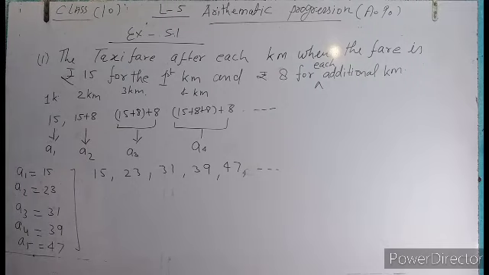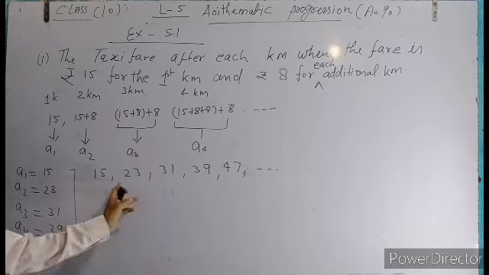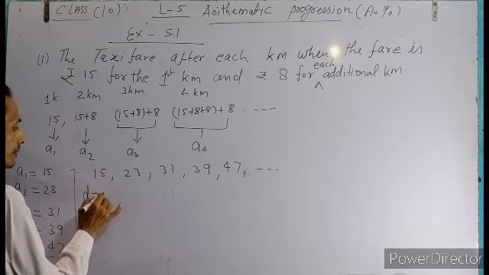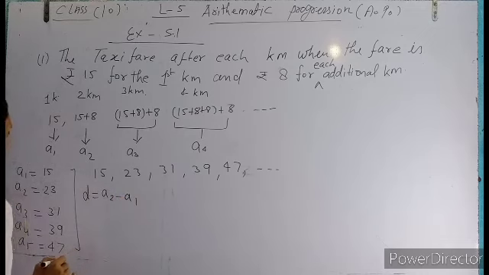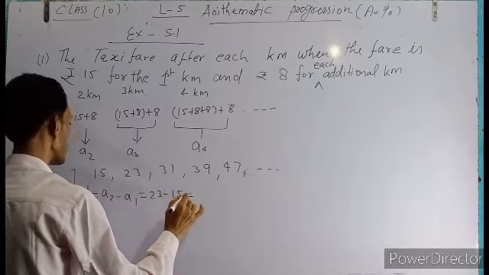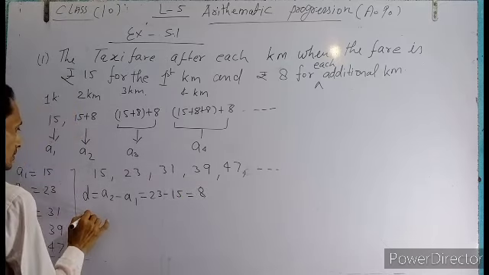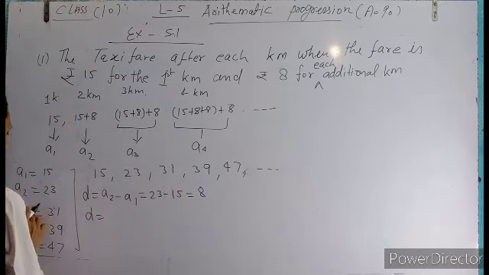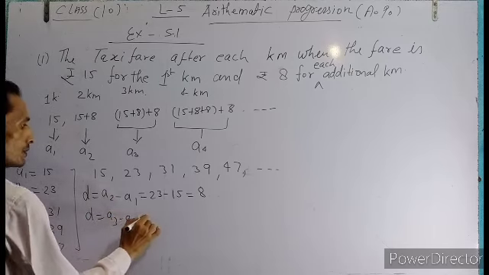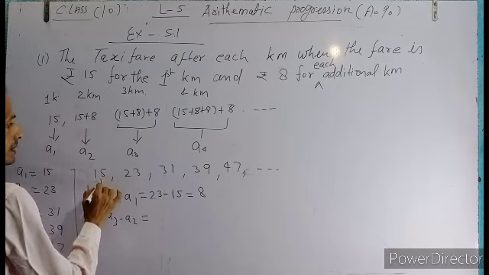So how can we check whether it forms an AP or not? If the common difference is the same between any two terms, we say it forms an AP. Common difference equals A2 minus A1, that is 23 minus 15, which equals 8.